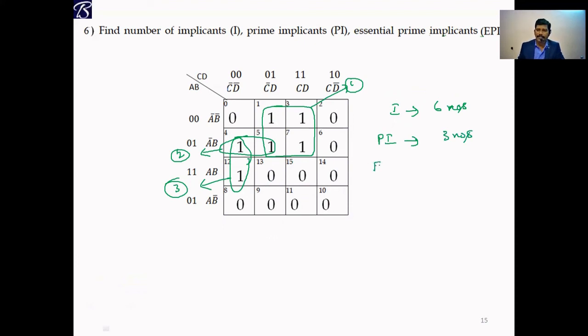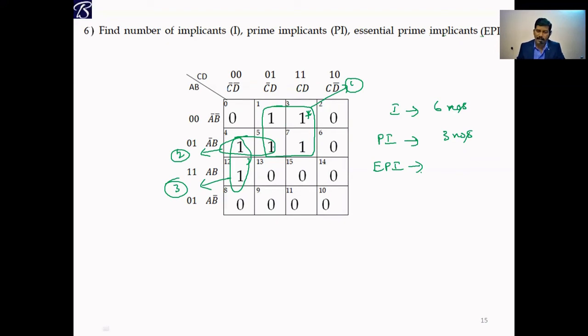But how many essential prime implicants are there? If you observe the first group, this is essential because it is the only possibility; cell number 1, cell number 3, cell number 7 are not covered by any other. Our definition is that if at least one cell in a group is not covered by any other, that is called an essential prime implicant. Consider the second group, the pair of cells 4 and 5.